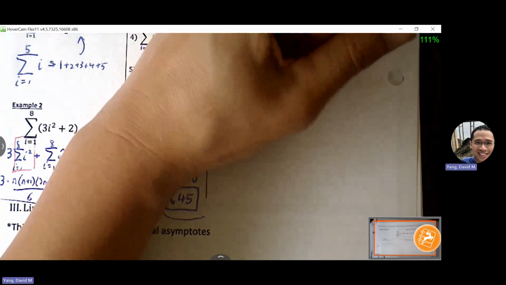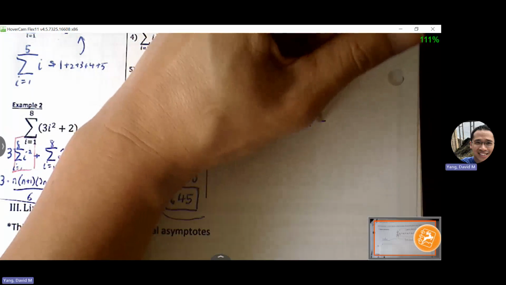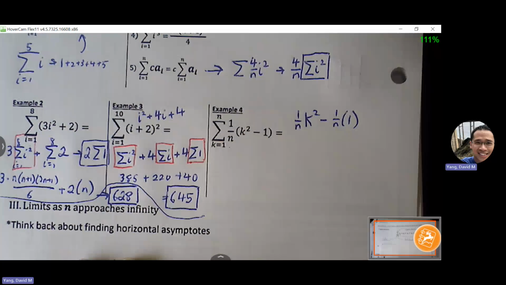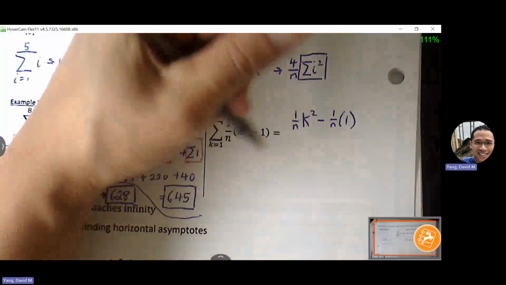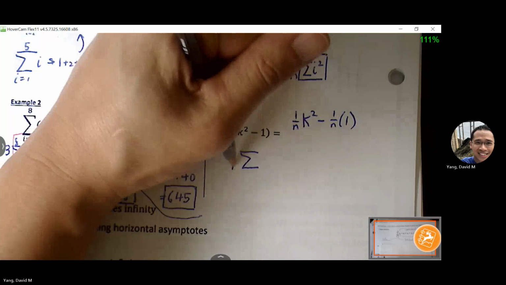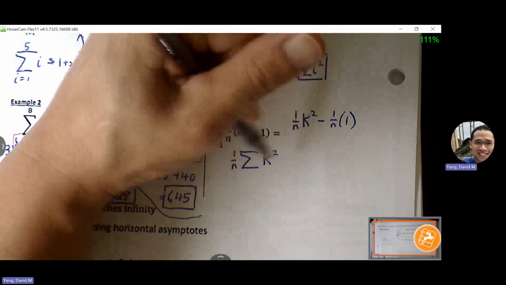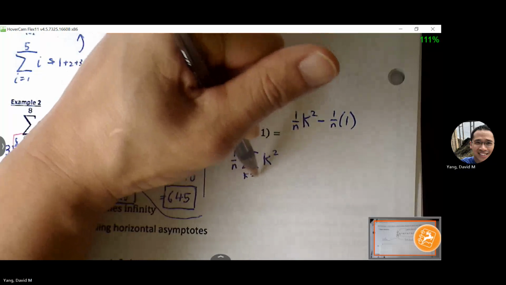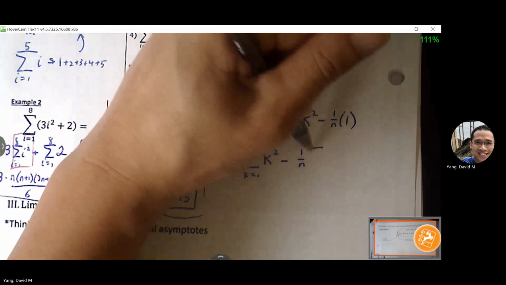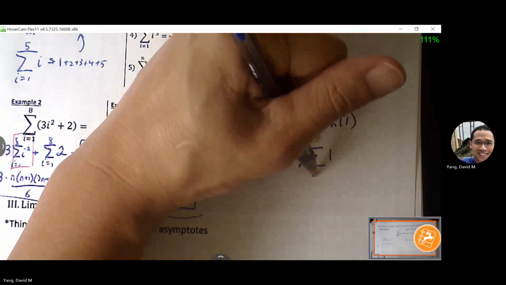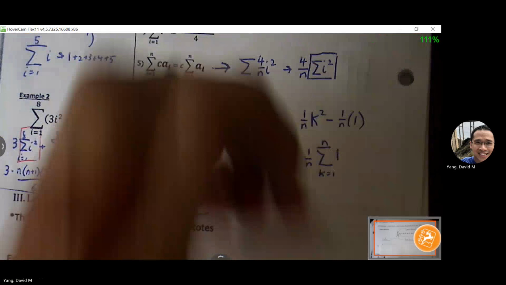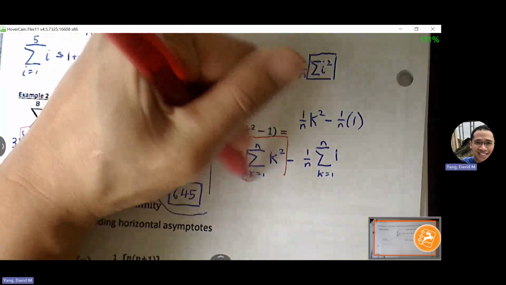So let's try this here. First, I can distribute that 1 over n through. I'm going to break them down and let them each have their own summation notation. So this one is its own thing.